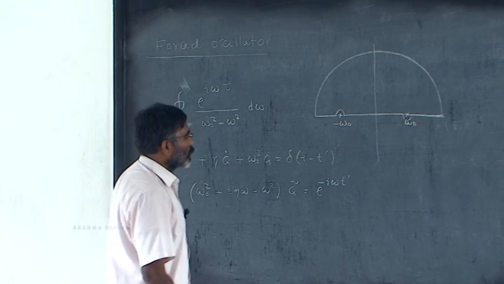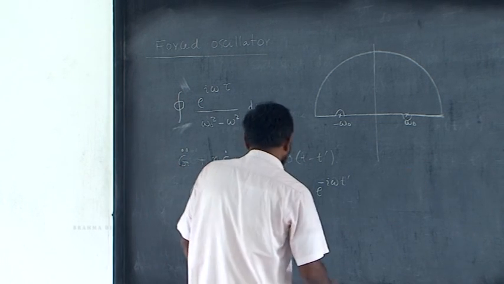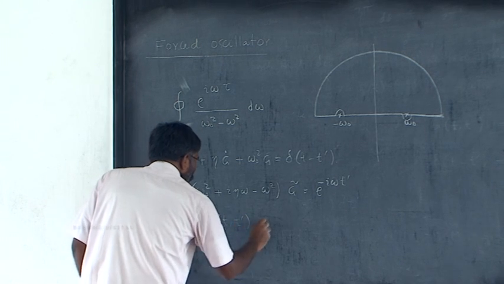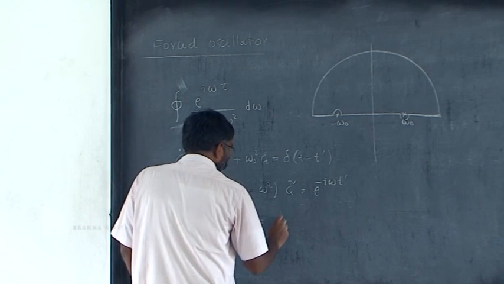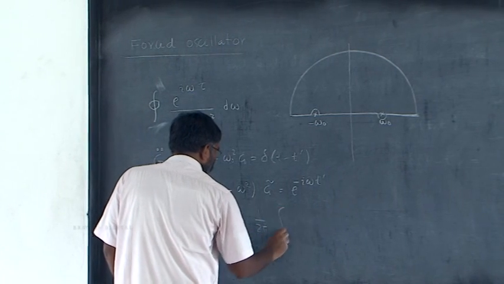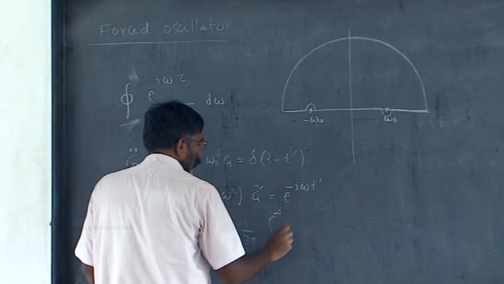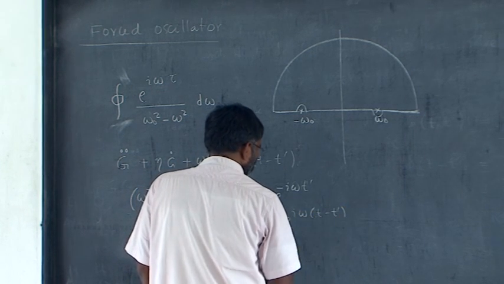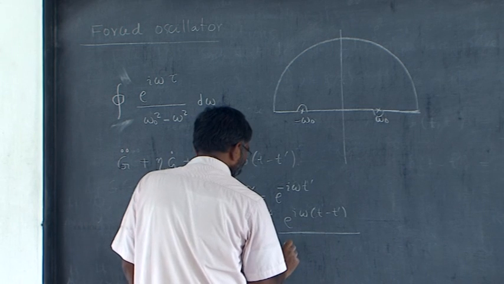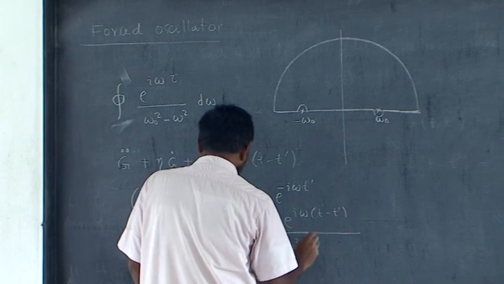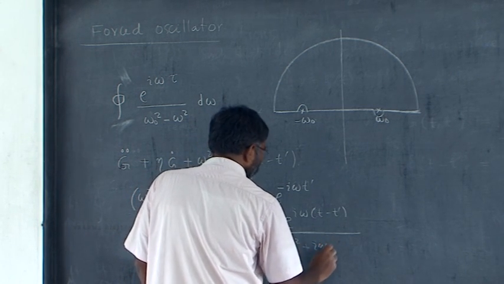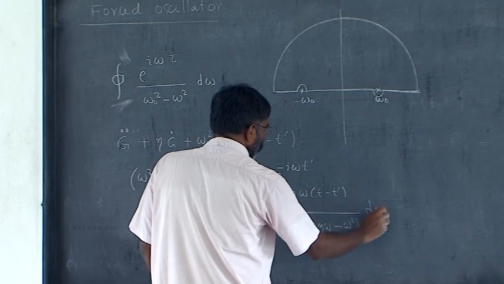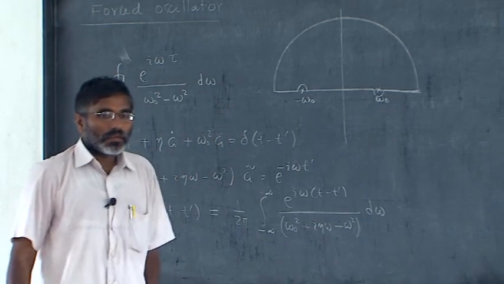So essentially this equation, g of t prime will be 1 over 2 pi integral minus infinity to infinity e to the power I omega (t minus t prime) divided by (omega naught square plus I eta omega minus omega square) d omega.